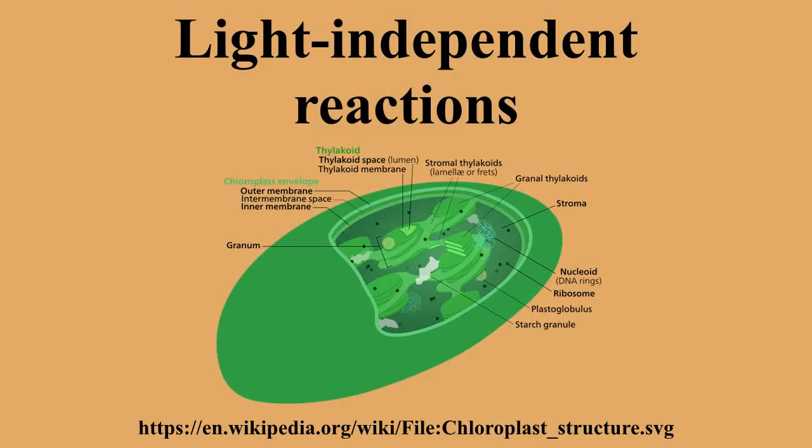Steps. In the first stage of the Kelvin cycle, a CO2 molecule is incorporated into one of two 3-carbon molecules, where it uses up 2 molecules of ATP and 2 molecules of NADPH, which had been produced in the light-dependent stage. The three steps involved begin with the enzyme Rubisco catalyzing the carboxylation of ribulose 1,5-bisphosphate, RuBP, a 5-carbon compound, by carbon dioxide in a 2-step reaction.